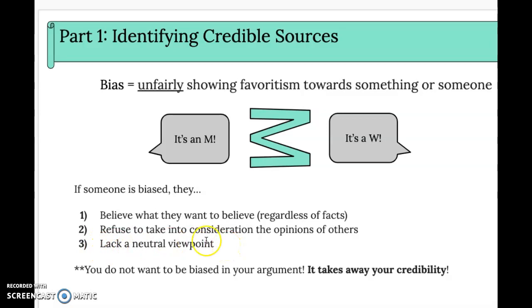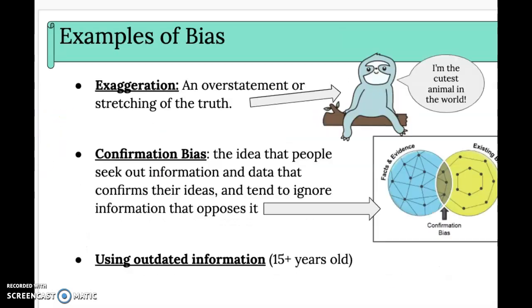We could also think of it as it lacks a neutral viewpoint. So we don't want a site that's biased if we're researching an argument topic, okay? Because it takes away your credibility. Remember, credibility is to be believed and trustworthy, okay? All right, so examples of bias are when there's something exaggerated, a confirmation of bias, or outdated information.